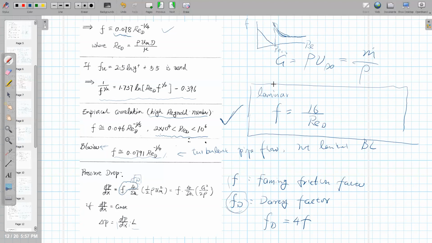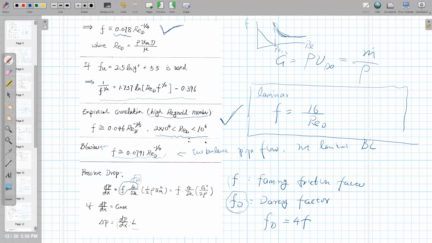I think you can either use this one, because this is shown in a lot of academic textbooks, because it's from that Prandtl one-seventh law, right? So it's very standard. A lot of people use it, but mostly for academic textbook problems.